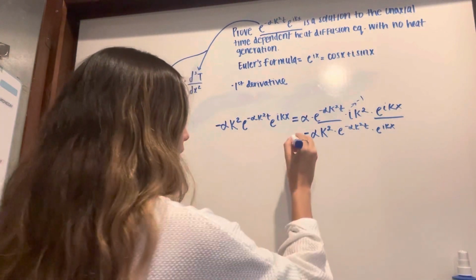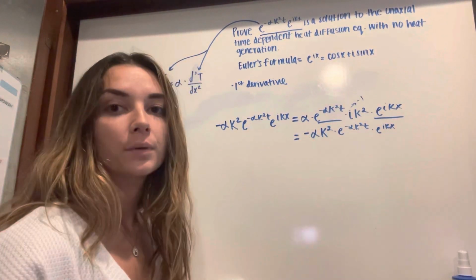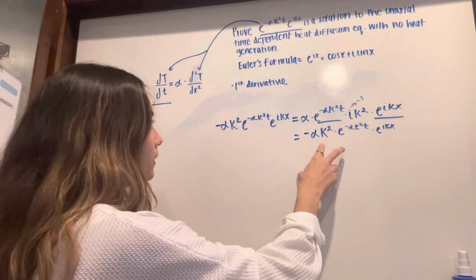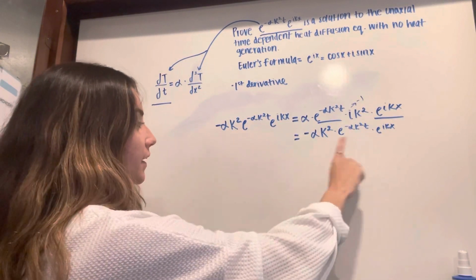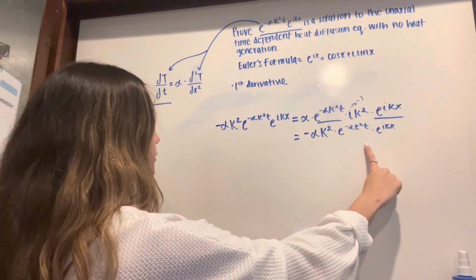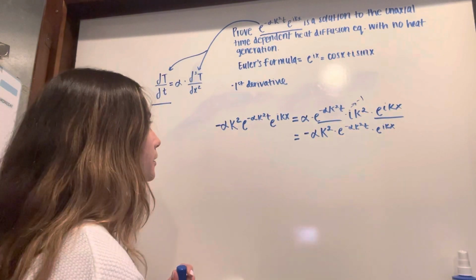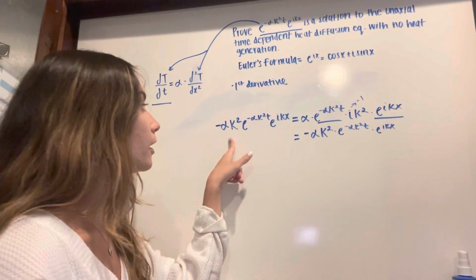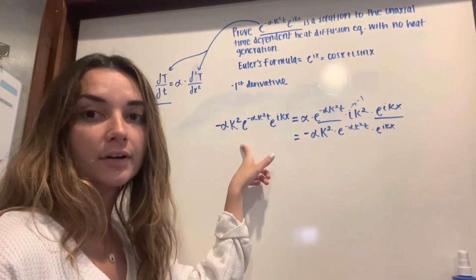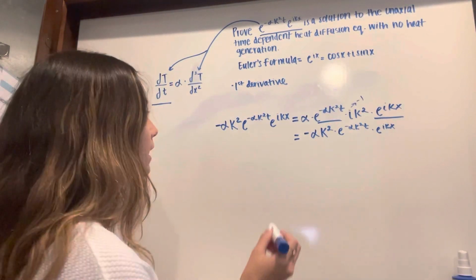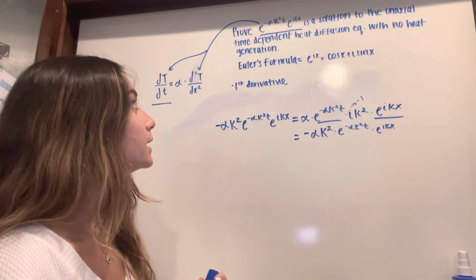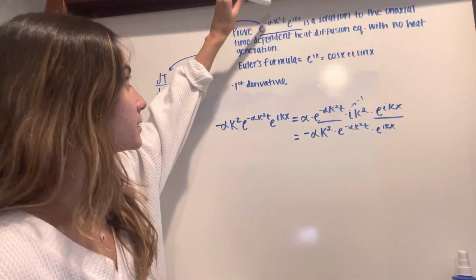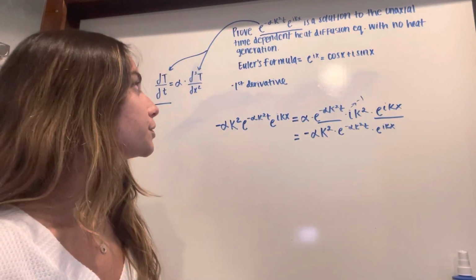When we do that, we notice that our right-hand side is equal to our left-hand side of our partial differential equation, and that is how we prove that this expression is a solution to our heat diffusion equation with no heat generation.